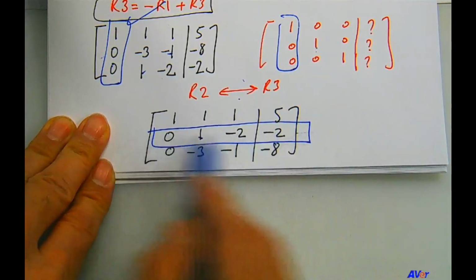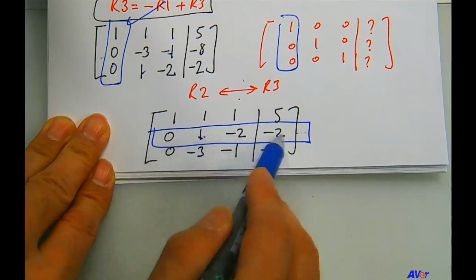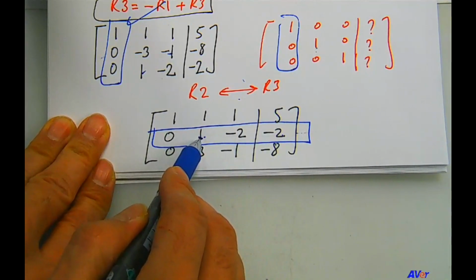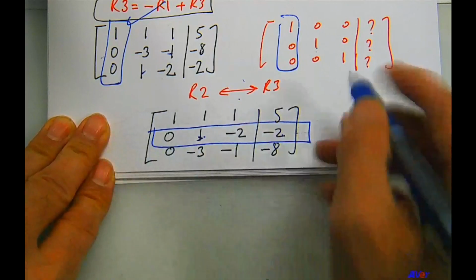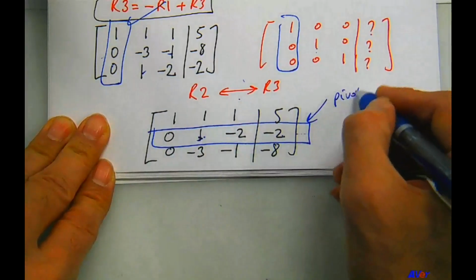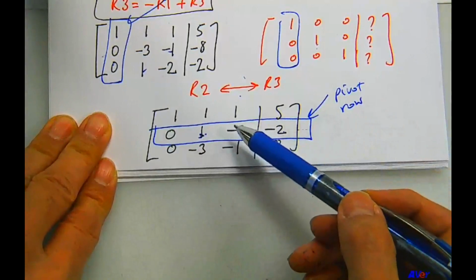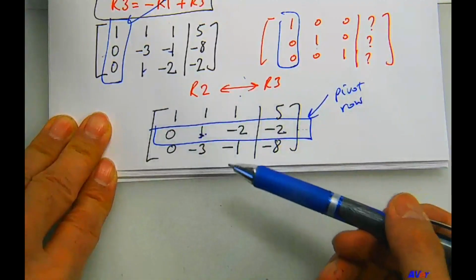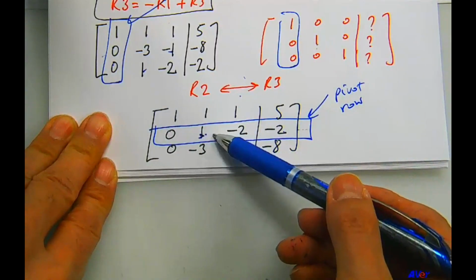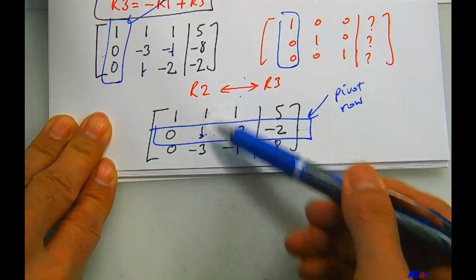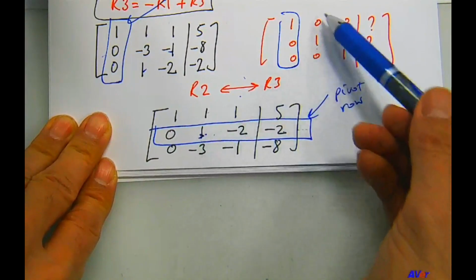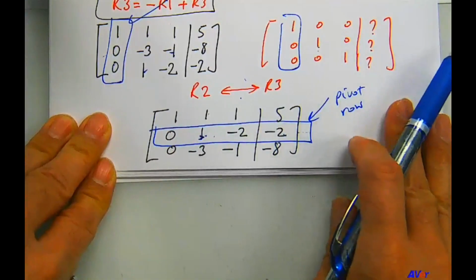So the second row, which contains the diagonal 1, becomes the pivot row. So this is our pivot row. It's important because now we know in the next row operations, we're going to have to use the second row to convert the 1 and -3 to zeros like that. Okay?